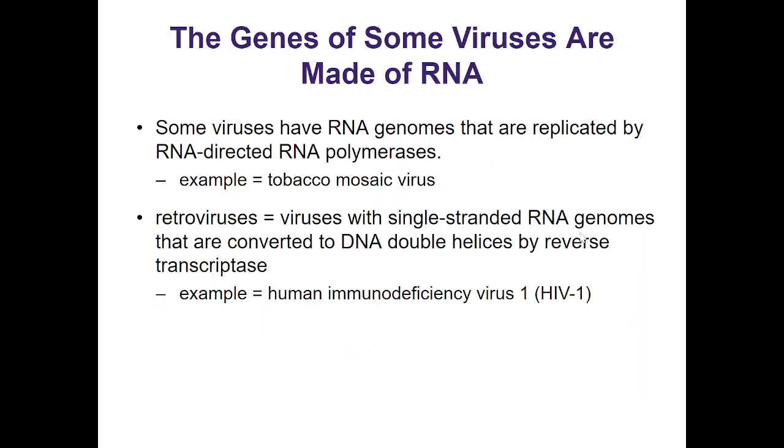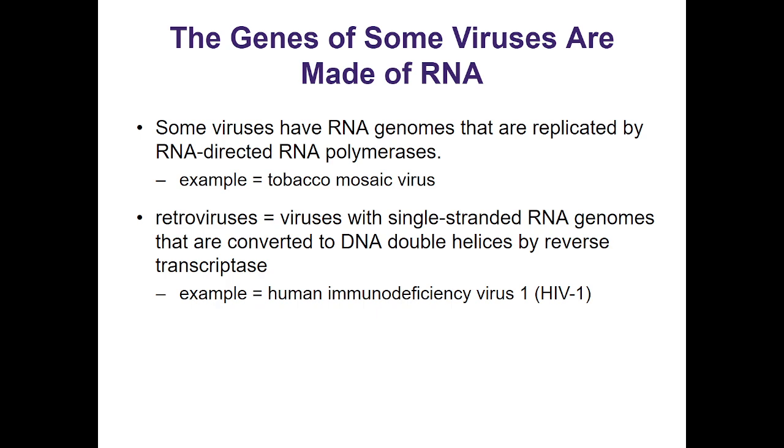So the genes of some viruses are actually made of RNA instead of DNA. So some viruses have RNA genomes. These will be replicated by RNA-directed RNA polymerases. The tobacco mosaic virus is typically the big example of this, and the one that typically gets used to look at these things.